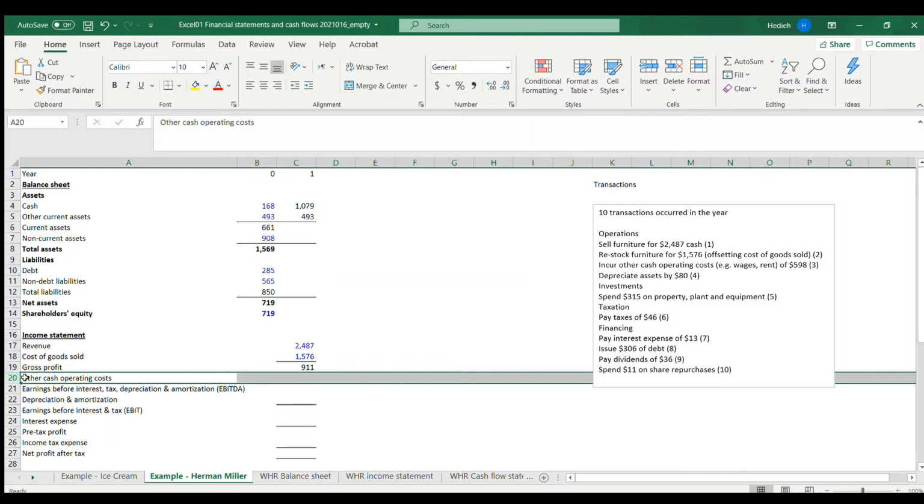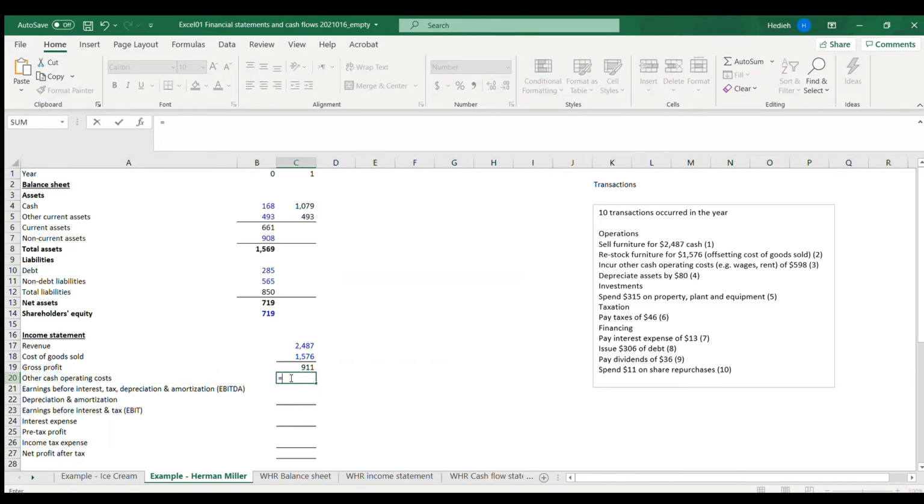You go to row 20, other cash operating costs, and you consider this amount of cost for wages, rent, etc. This is a cost that is not directly related to production, but it is necessary for the production to happen, right? We should pay rent, we should pay wages, etc. So we consider it in the income statement.